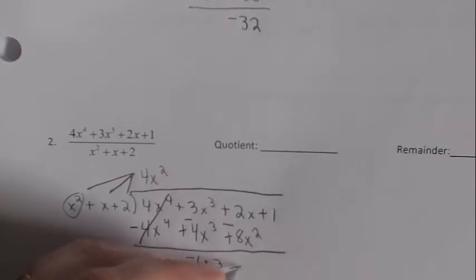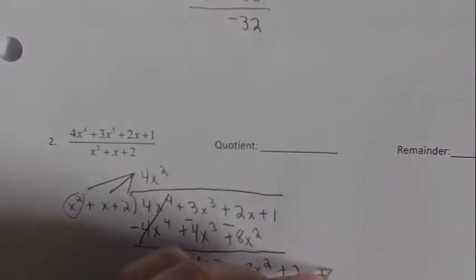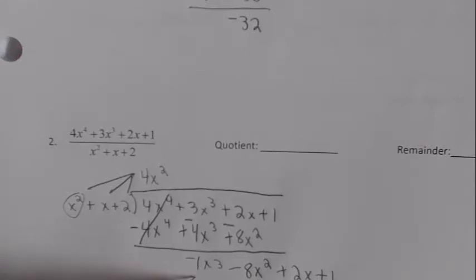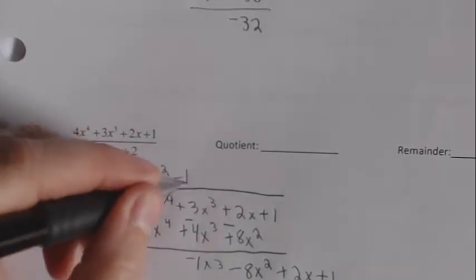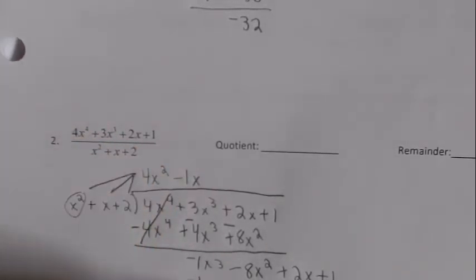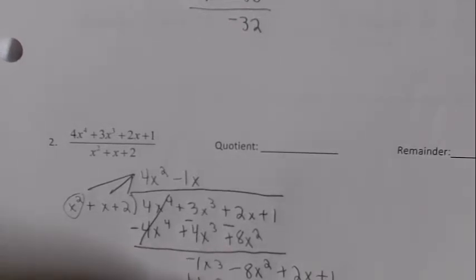They're not like terms, so write it in descending order. Negative 1x cubed divided by x squared is negative 1x. Distribute, you get negative 1x cubed, negative 1x squared, negative 2x. Draw your line, change the signs. You get negative 7x squared plus 4x plus 1.